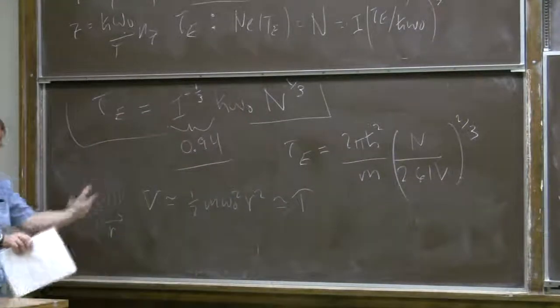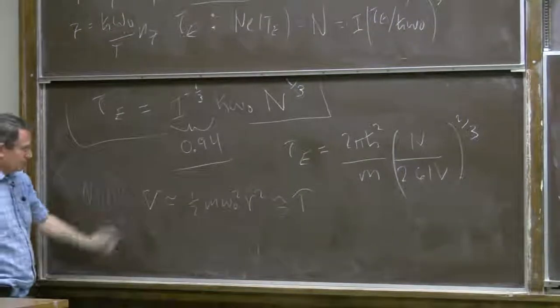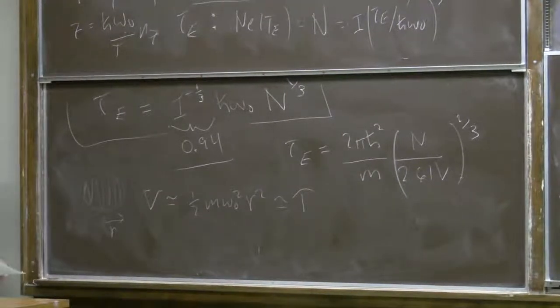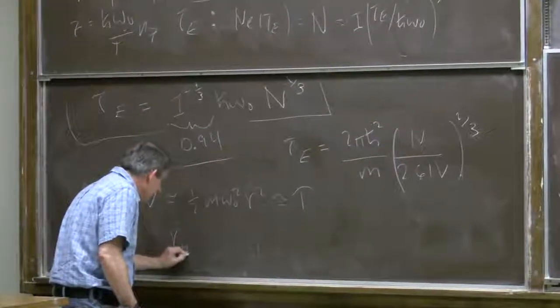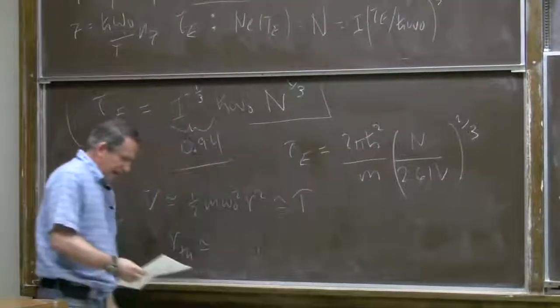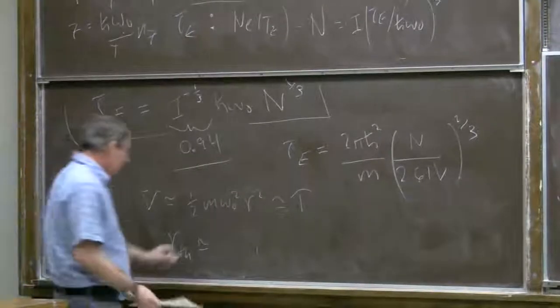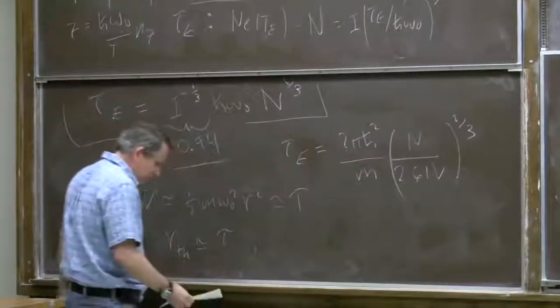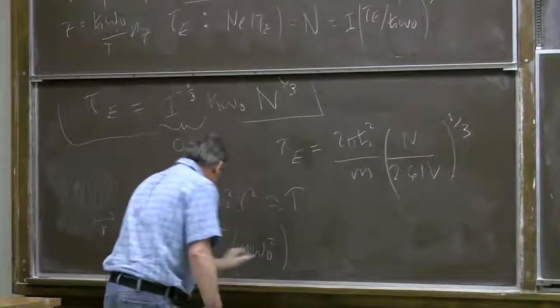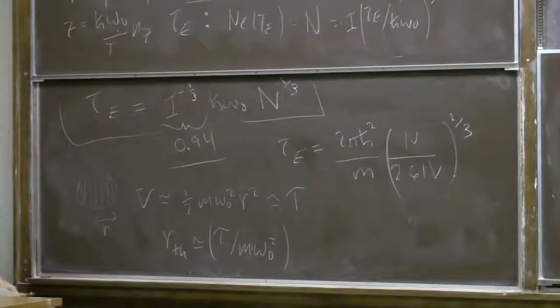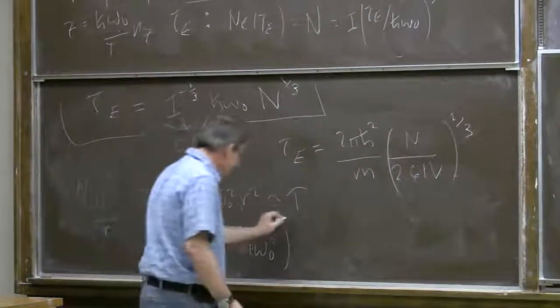The thermally excited atoms have this typical value of the potential energy comparable to the temperature. So that thermal radius of the gas in the well, not worrying about factors of 2 and stuff like that, will go like temperature over m omega naught squared to the 1/2.